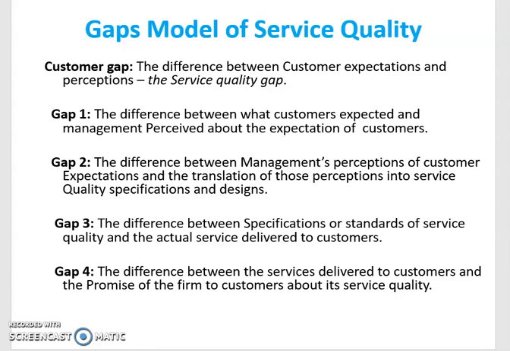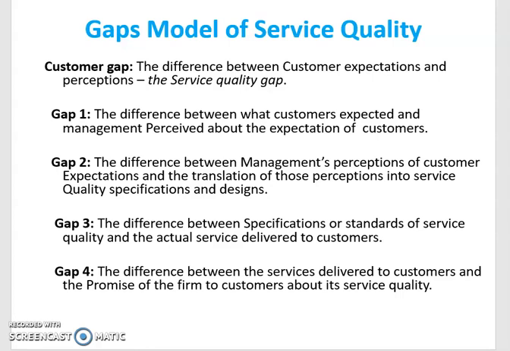In other words, if the service provider meets or exceeds the customer expectations, they will be satisfied, and if not, they will be dissatisfied, as a result of which one of the customer service gaps usually arises.